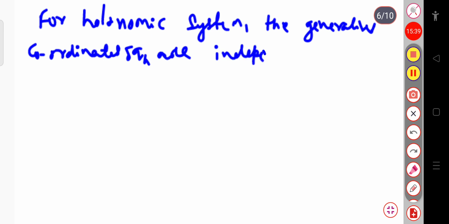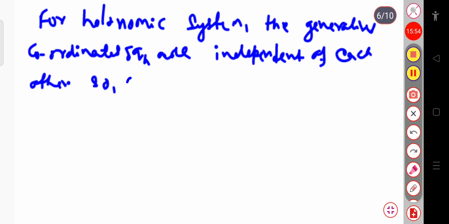That is, this change is independent of each other. So basically we can say that the coefficient of delta QK must vanish.